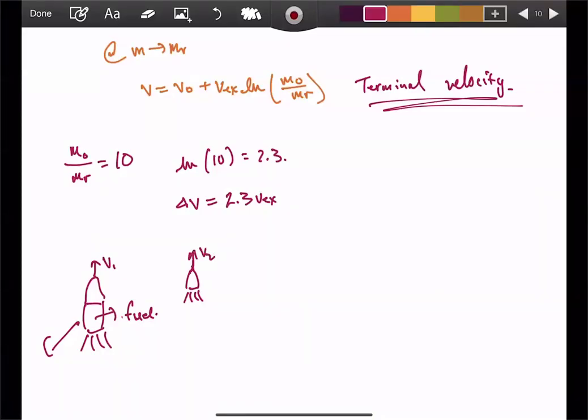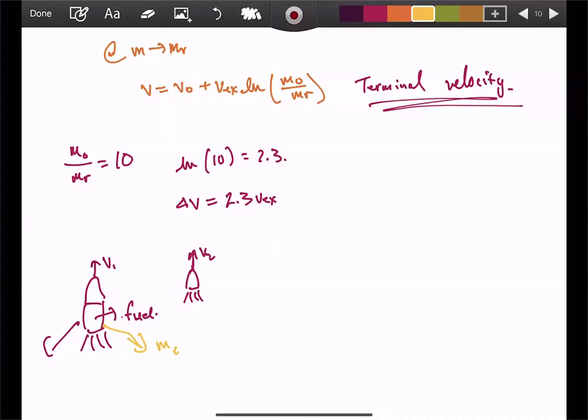By jettisoning this portion, you're massively dropping the mass of the rocket. You're going to massively decrease the size of this because this has some massive, let's call that massive C for the container. So it's going to drop that off, and then fire again to increase its velocity even more.